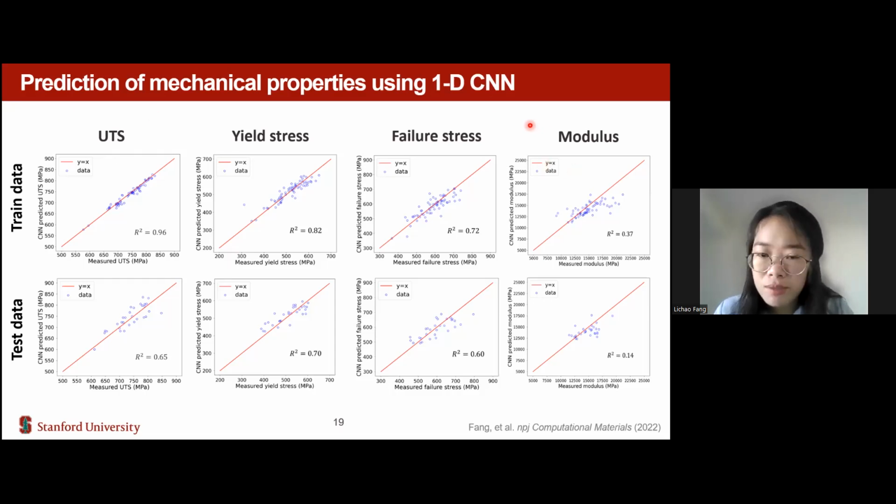For the modulus, although it also agrees well, the R-squared is not very high, which means the prediction does not match the experiment as well. This is actually within our expectation, because the modulus is a mechanical property related to the material itself instead of the process parameters.